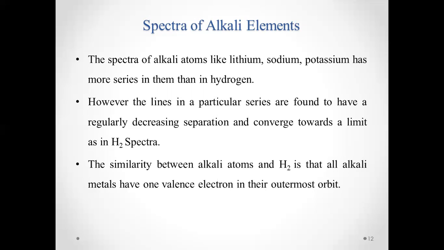However, the lines in a particular series are found to have a regularly decreasing separation and converge towards a limit as in hydrogen spectra. The similarity between alkali atoms and hydrogen is that all alkali metals have one valence electron in their outermost orbit.